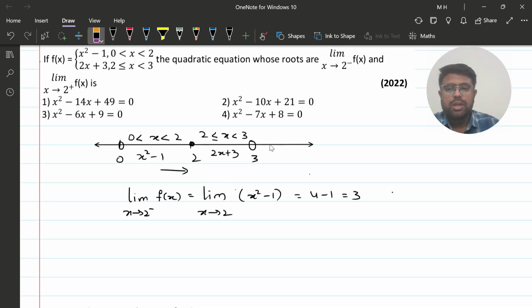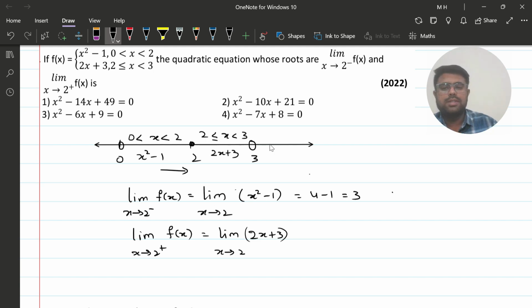The next one is going to be the limit of f of x as x tends to 2 plus, which is equal to the limit of 2x plus 3 as x tends to 2, because we are approaching 2 from right hand side, so it is going to be 2 2s are 4 plus 3, which is going to be 7.